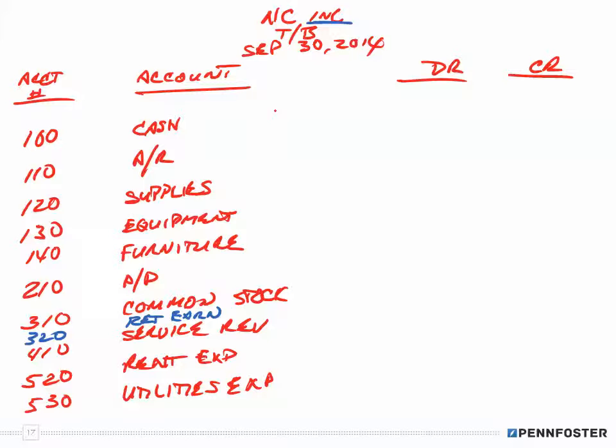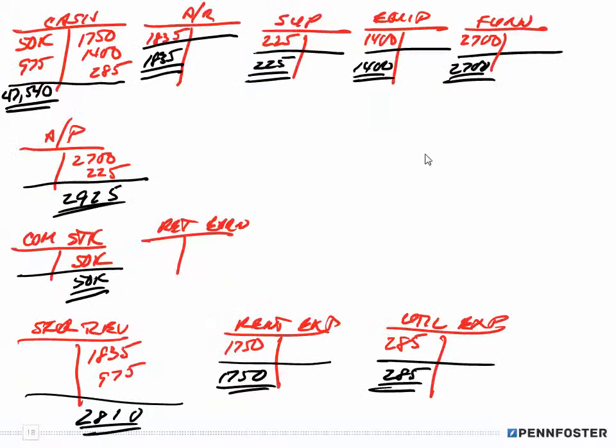So for my cash account, since it's the first number and it's on the debit side, I put my $ sign and I put the amount, 47,540. We had a balance of 1,835 for receivables, 225 for supplies. Now remember, I'm getting these numbers from here, right?